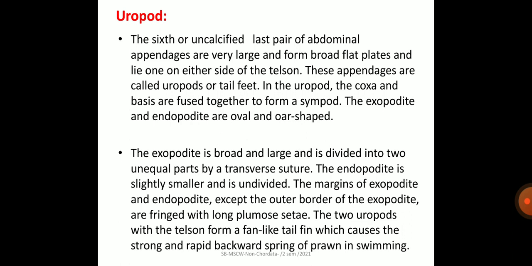The 2 uropods with the telson form a fan-like tail fin which causes the strong and rapid backward spring or movement of the prawn while swimming. So you can say the function of the uropod is to take a backward spring in water.